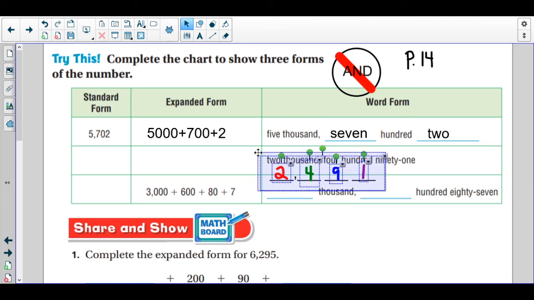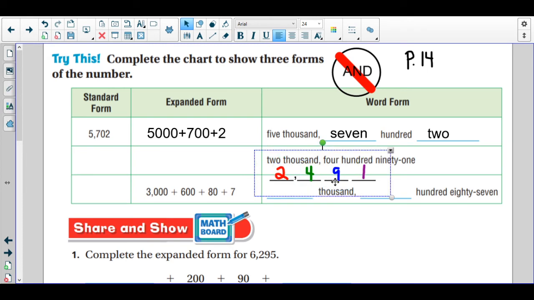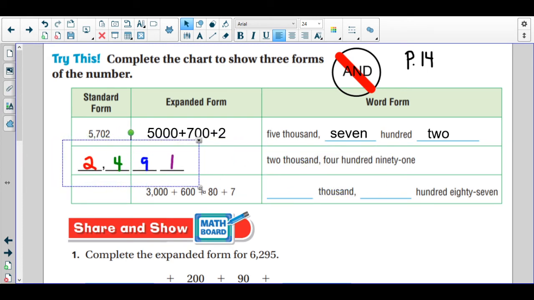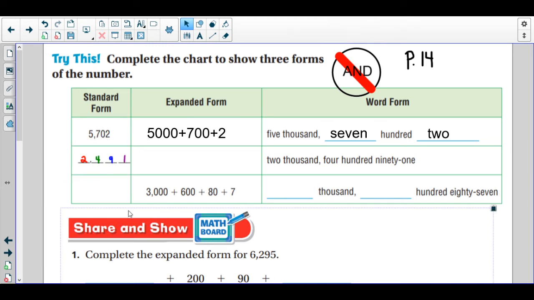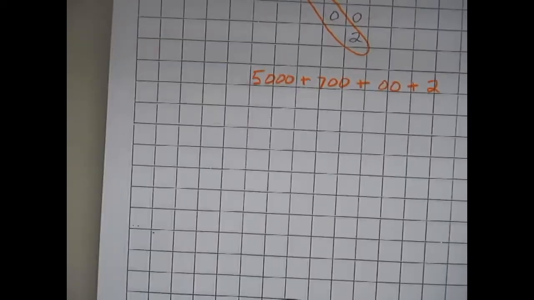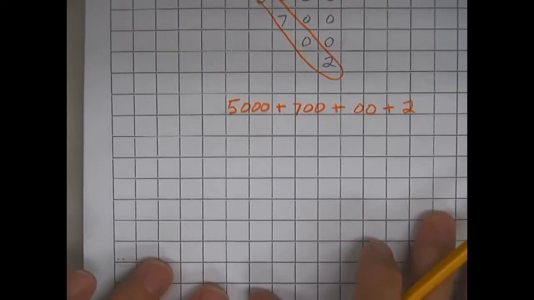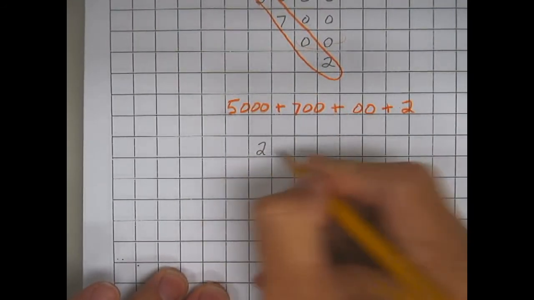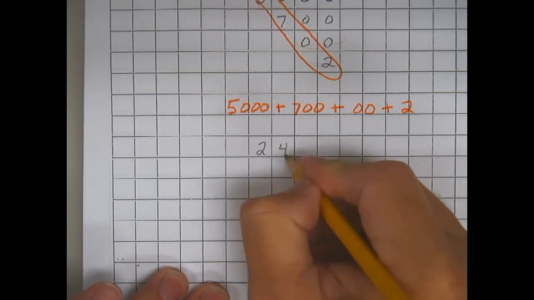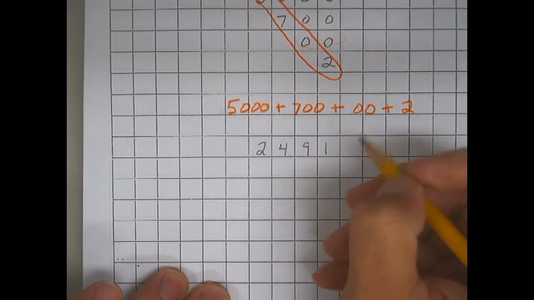So another way that might help you out, looking at it from that point of view right there. Now that we've got the number in standard form, then we can switch over and use this if we need to and say we've got 2,491.